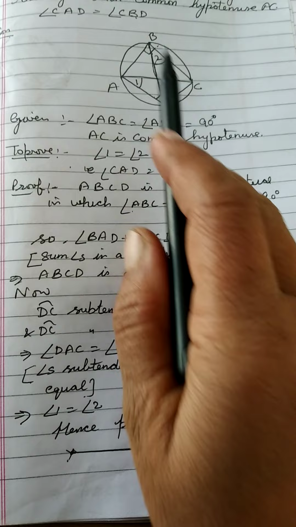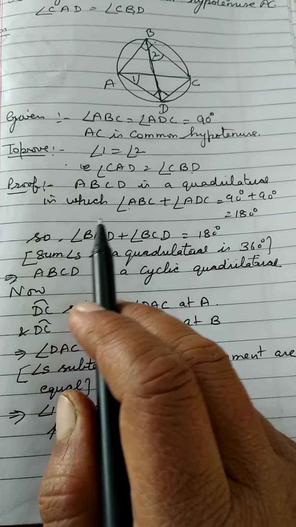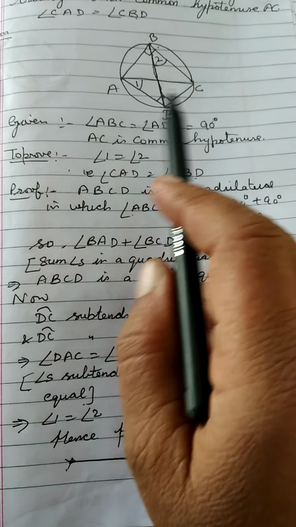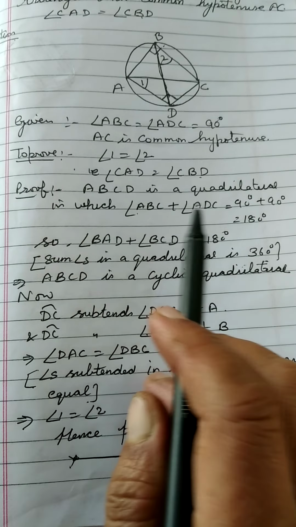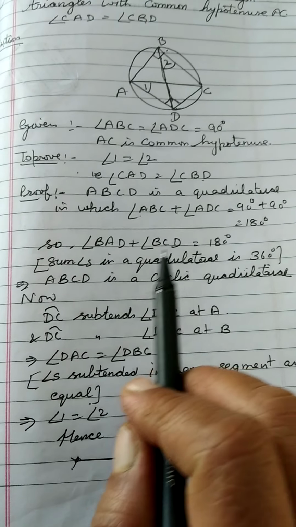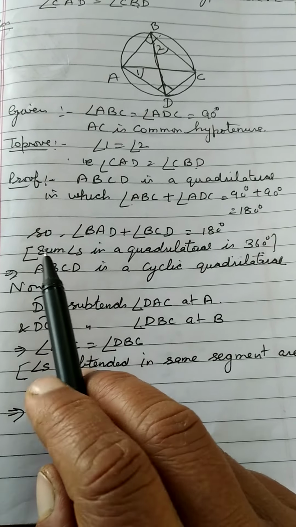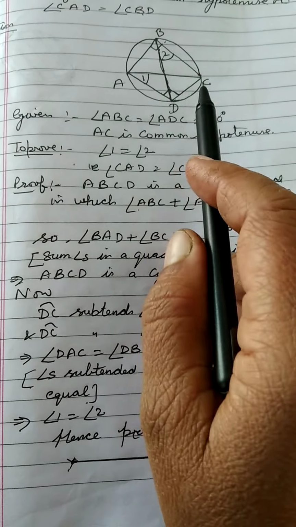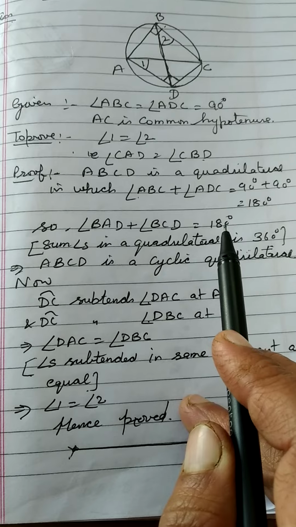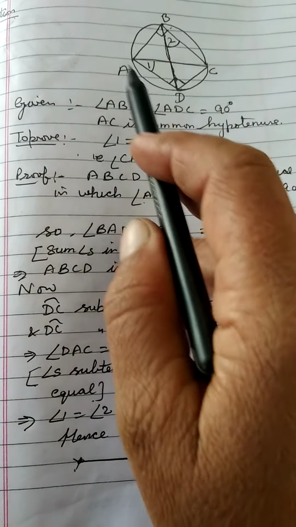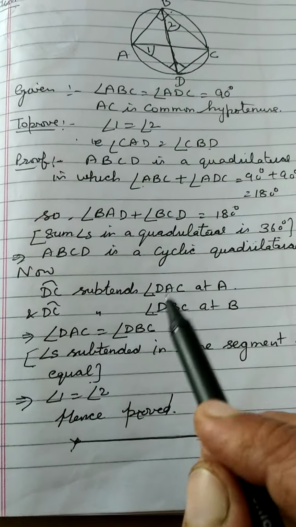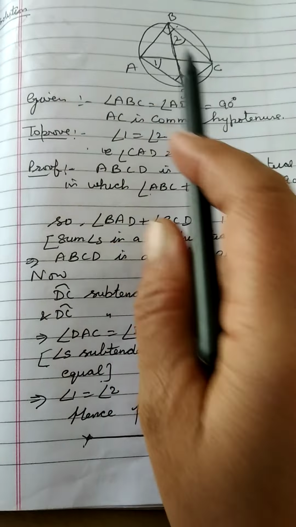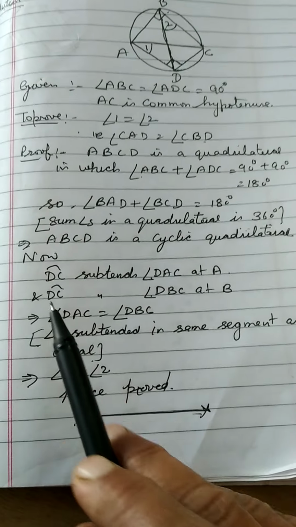Now ABCD is a quadrilateral in which angle ABC plus angle ADC is equal to 90 plus 90, that is equal to 180. So angle BAD plus angle BCD will also be equal to 180 because the sum of angles in a quadrilateral is always 360. It means that ABCD is a cyclic quadrilateral.